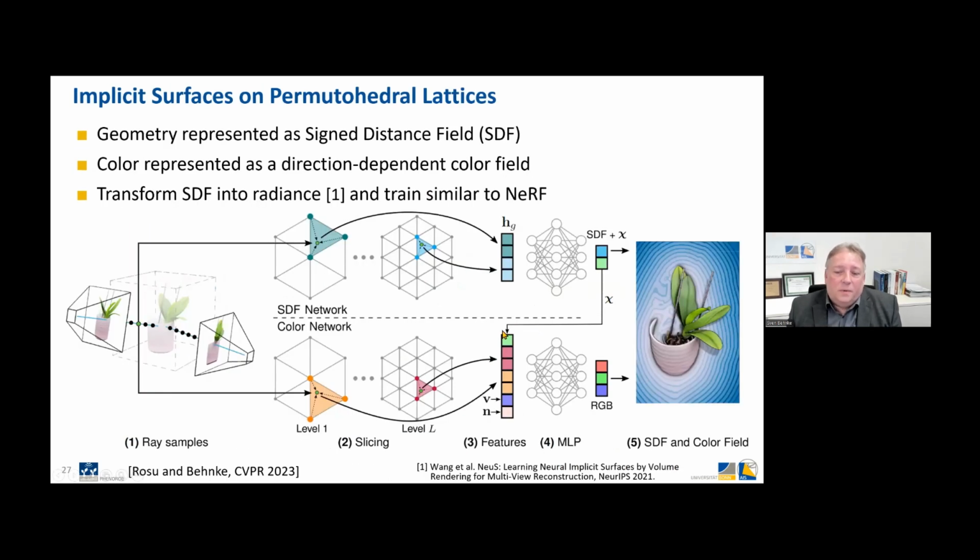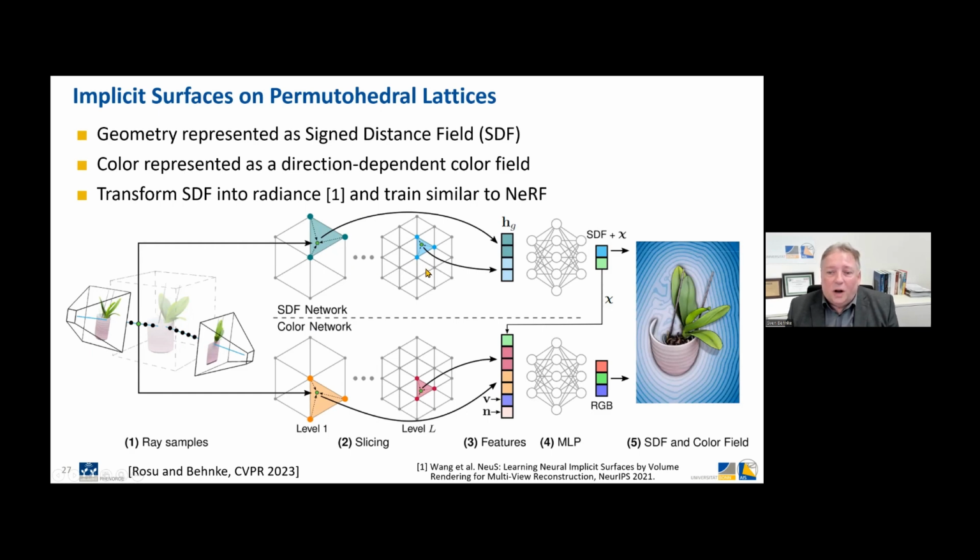So my PhD student Alex applied this idea of instant graphics primitives, but he proposed to not have a Cartesian grid, but a triangular or tetrahedral, or in general permutohedral lattice in N-D.